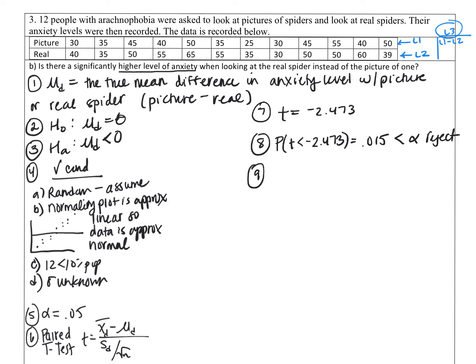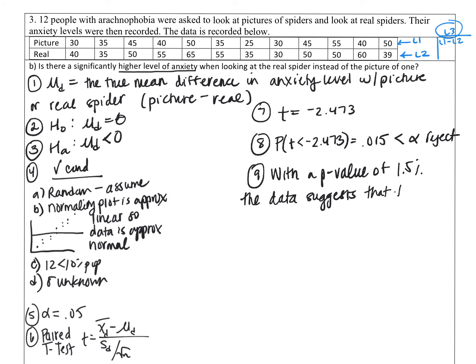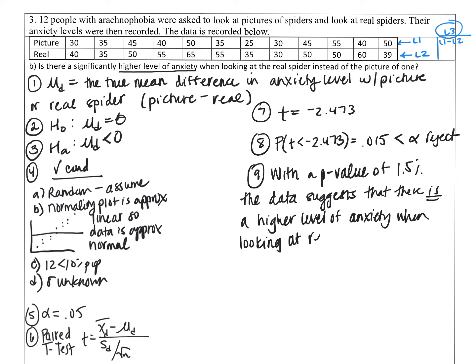So step 9, with a p-value of 1.5%, the data suggests that there is a higher level of anxiety when looking at real spiders instead of a picture.